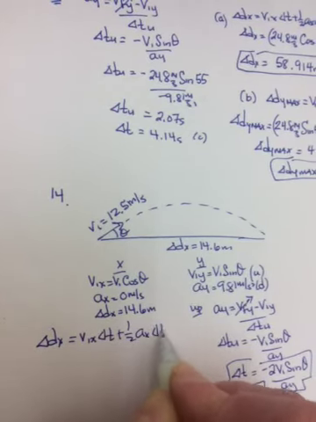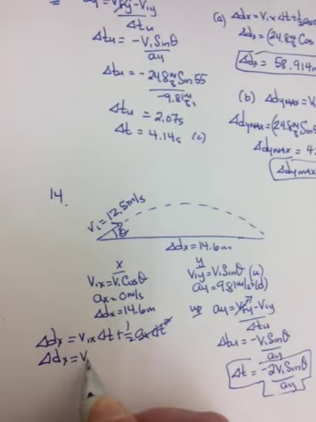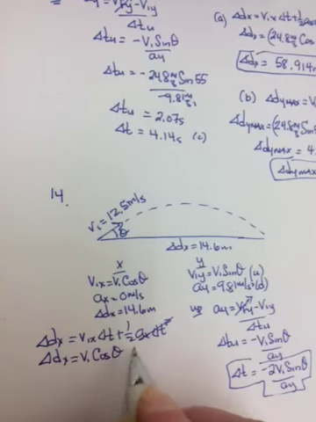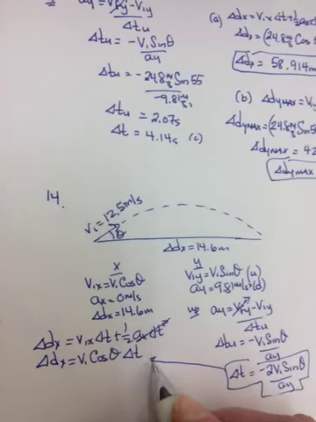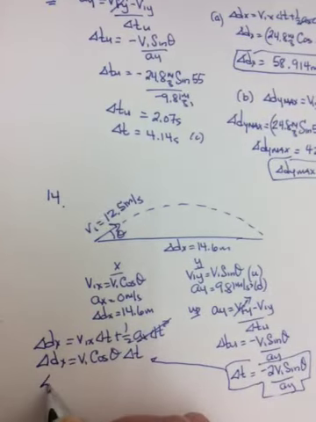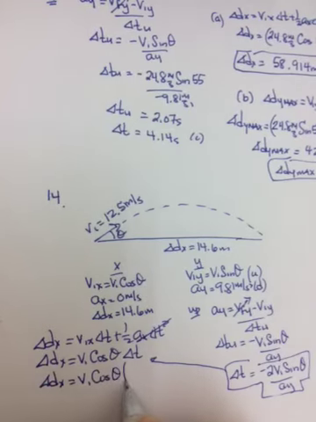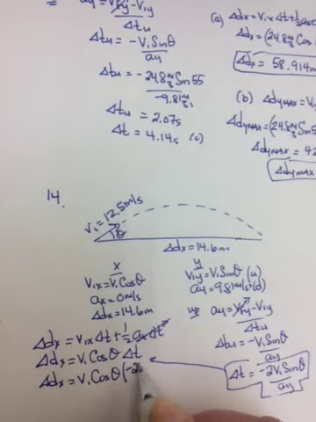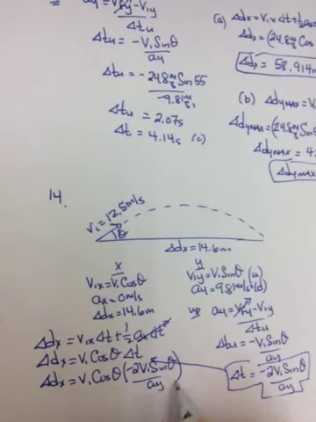The 1/2 ax delta t squared goes to 0. So this will be delta dx is equal to Vi cos theta delta t. I now have the same 2 unknowns, and I can take my delta t and fill it in. So delta dx will be equal to Vi cos theta brackets minus 2Vi sine theta over Ay.